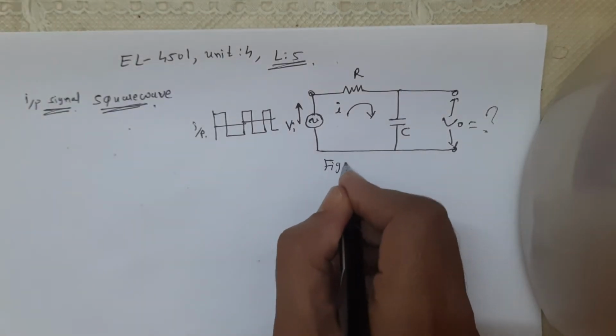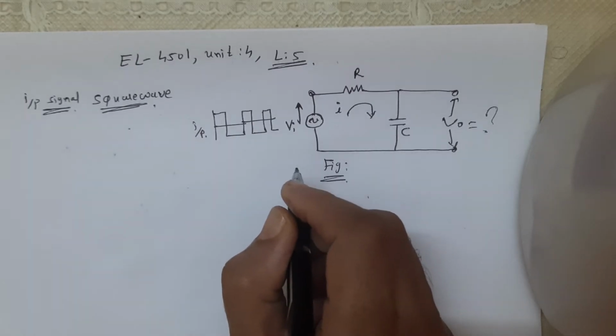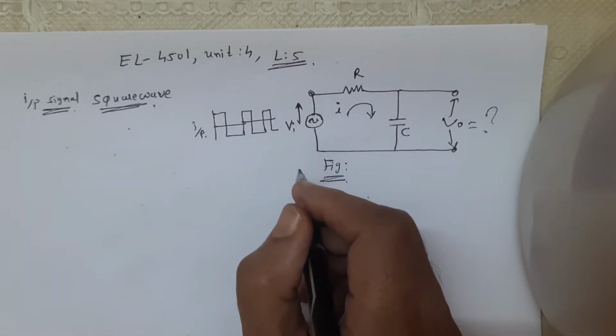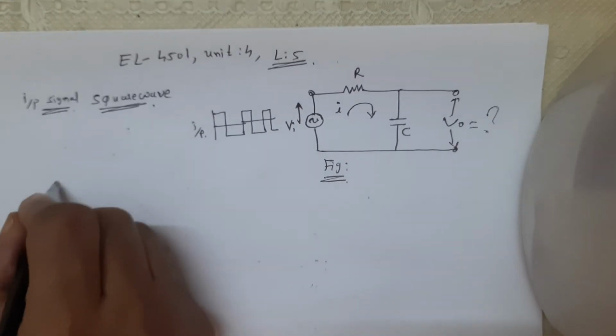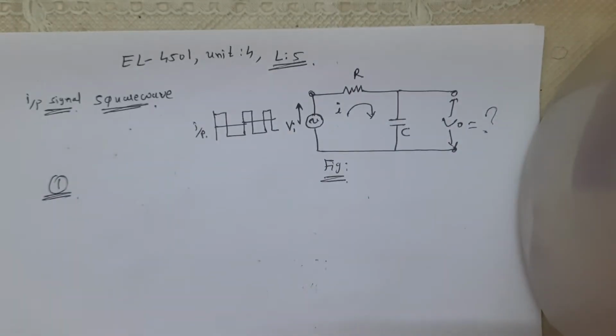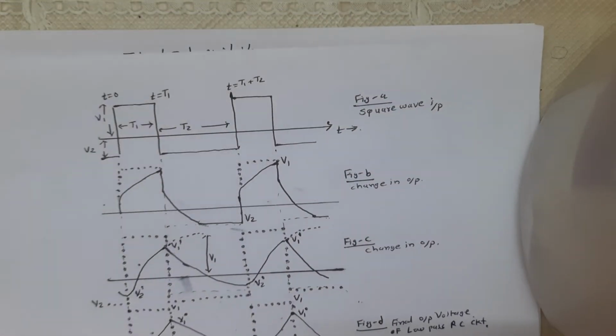As shown in this figure, we get the steady state response. We can describe the response of the circuit as follows. When we are applying the square wave, we get this type of output in the circuit.